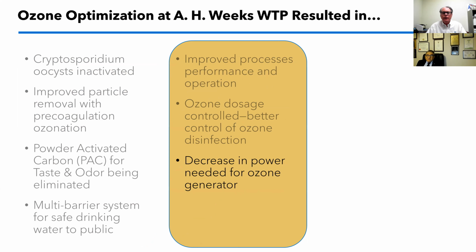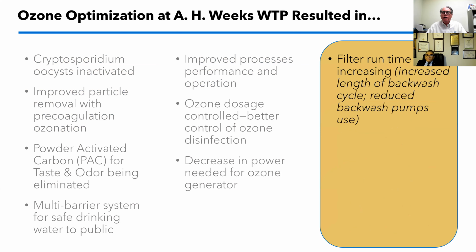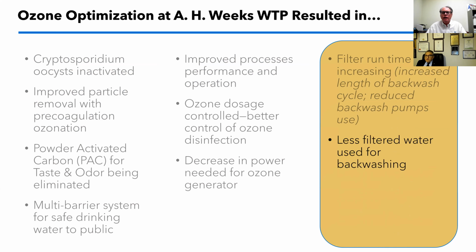We decreased the power needed for the ozone generator, and the filter runtime increased in a very dramatic way, reducing the length of the backwash cycle and reducing backwash pump use, so reducing energy. So we did not see an energy spike because of the use of ozone.